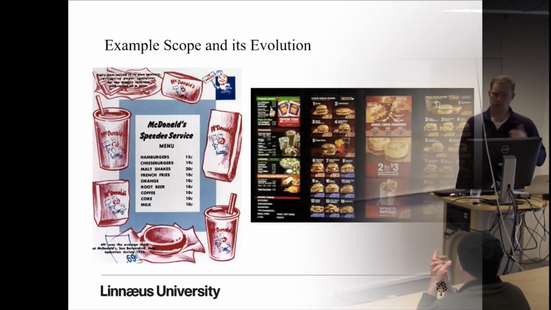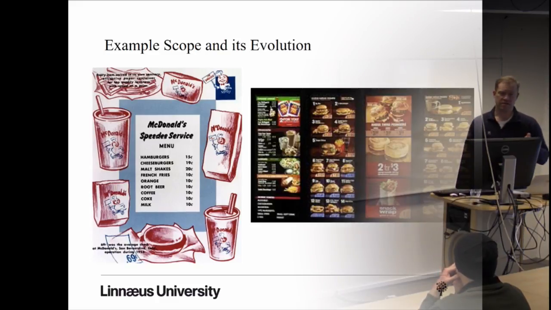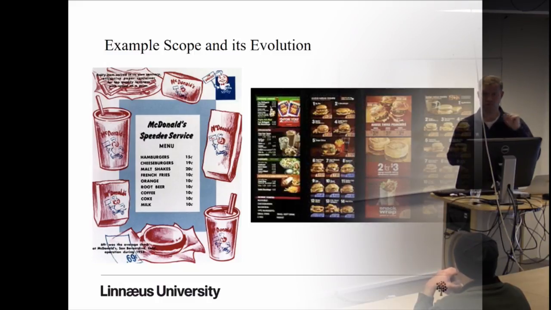Well, you have a bun, you have a patty, you have the cheese, you have the lettuce, you have the tomato, you have the onions, you have the sauce. Well, what you see today is that they take a regular burger and then they just shift the lettuce and put it on top, throw in a new patty, change the cheese, and suddenly you have a new configuration, you have a new burger, a new product.